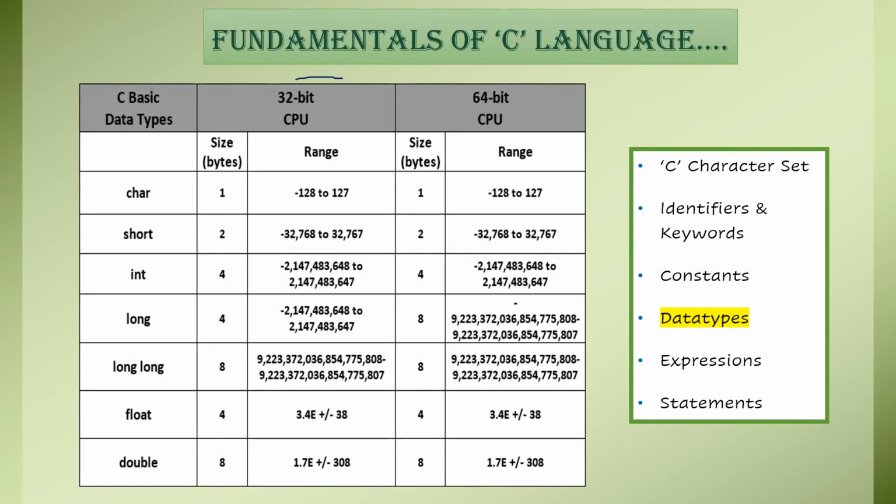Like for a 32-bit CPU and for a 64-bit CPU, character takes 1 byte in both and short takes 2 bytes, int takes 4 bytes, long takes 4 bytes in a 32-bit CPU and 8 bytes in a 64-bit CPU. So this is the range.